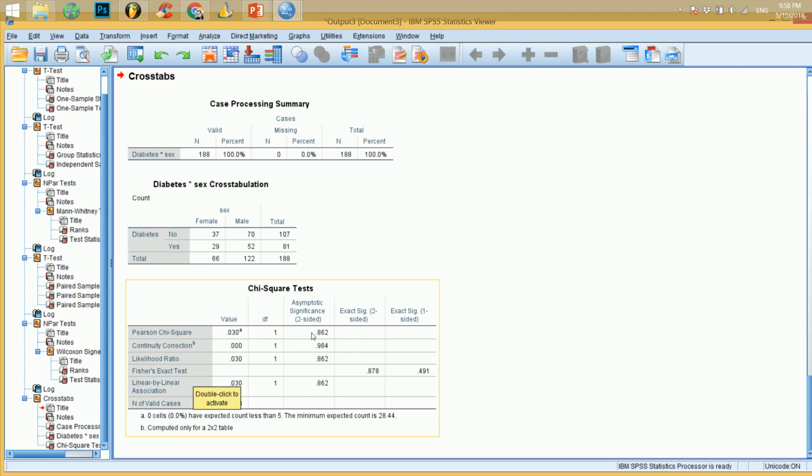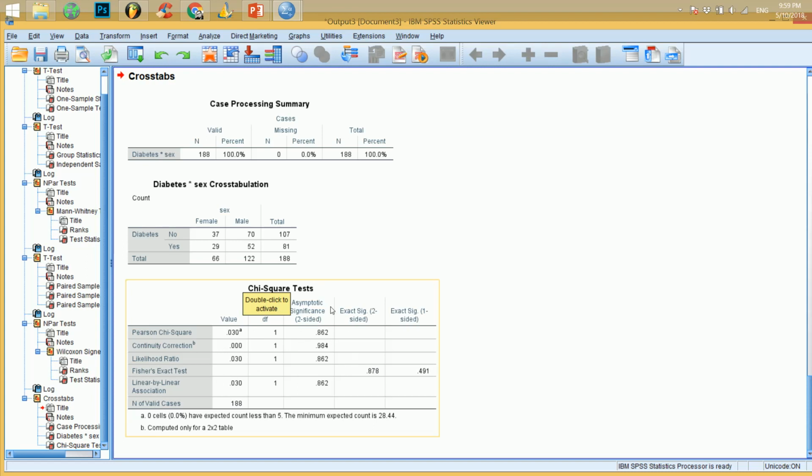Now Pearson's chi-square test should be your first go if you know that your tables don't have less than 5 observations or counts in them. In this case, as you can see, 37, 70, 29, 52, all of these counts are way above 5, so we can go with the first choice. But if any of these cells had a count lesser than 5, then we should have gone with the Fisher's exact value.